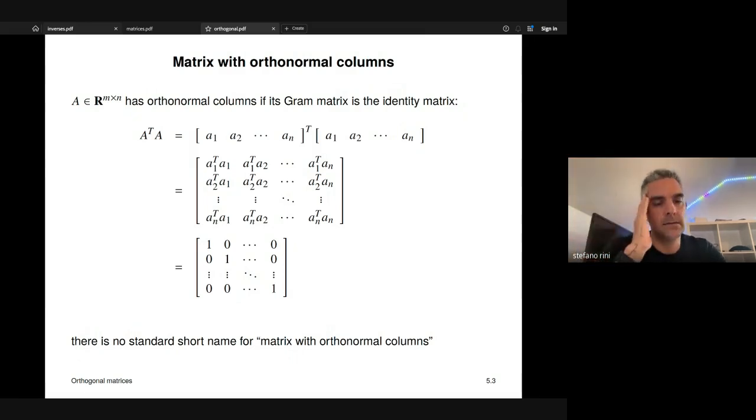In this case, we have orthonormal columns. So in A transpose A, all of the off-diagonal elements are inner products between different vectors, which are equal to 0, and only on the main diagonal do we have a vector times itself, and since the norm is equal to 1, we obtain a nice identity matrix.